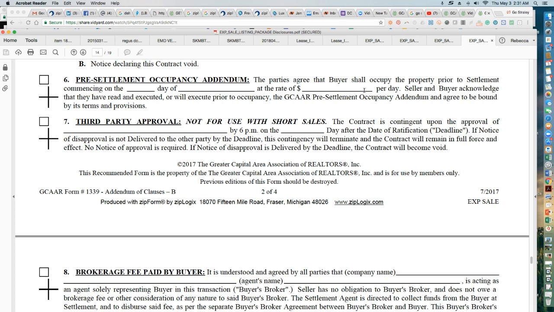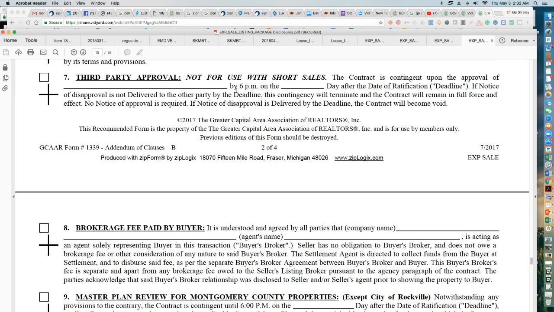So if our settlement were May 15th, and they were going to occupy on the first day of May, put the year in here, 2018, just to be clear, then everybody would know that they are expecting 15 days and how much money that will attribute.